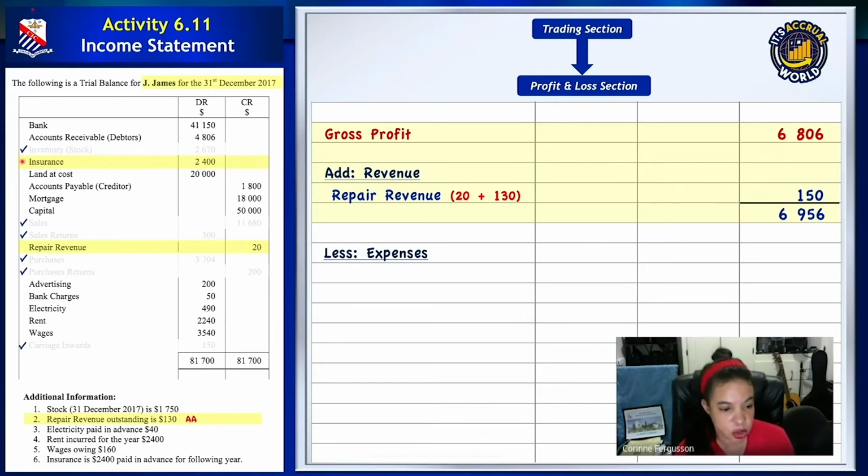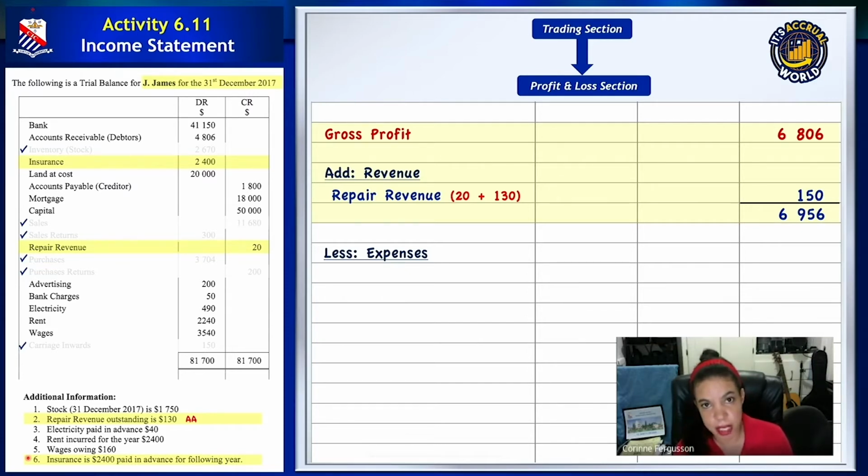You look for anything to do with insurance, and you would see note number 6, insurance. That means that you have a prepayment. Paid in advance is a prepayment.